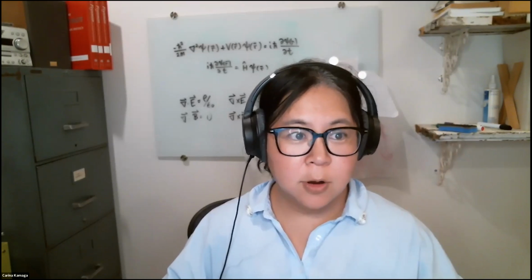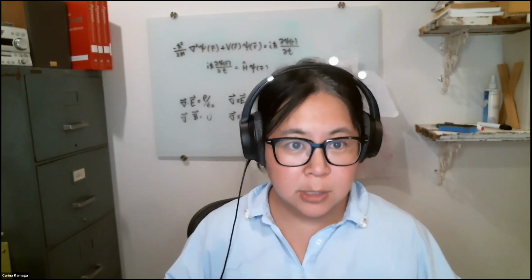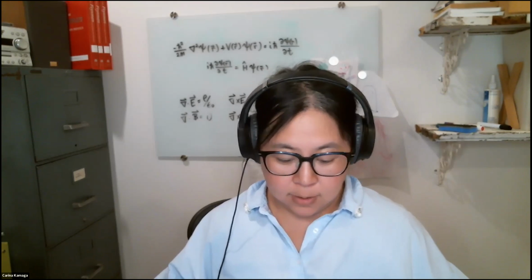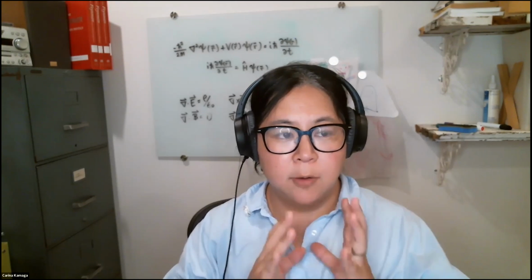So in this video, I'm going to start talking about chapter 4, and we're going to start chapter 4 with friction. Friction, in this section, is friction between two solid surfaces.